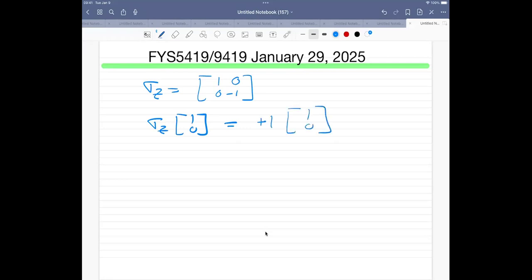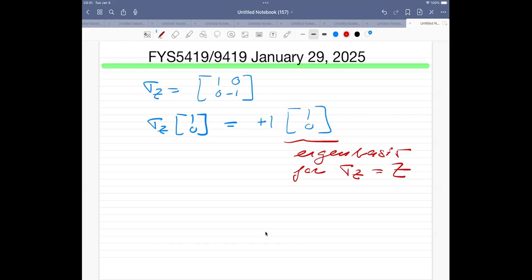So we say that this is an eigenbasis for sigma Z, which we will also label simply as Z.